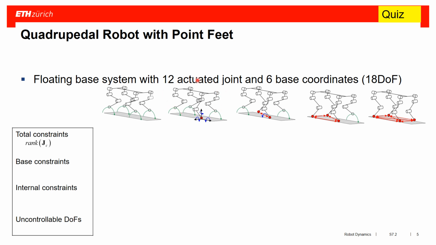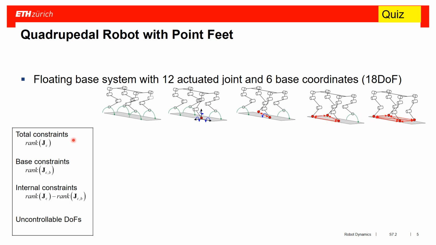Then we have everything in the air except for one contact, which is 1 foot, which is in contact with the environment. This is only a point contact, so it can just not move in X, Y, and Z direction. Then we have the 2 diagonal legs in contact. Then we have 3 legs in contact, and then we have all 4 legs in contact.